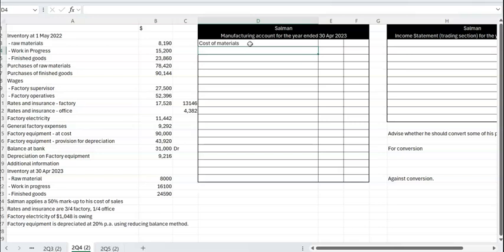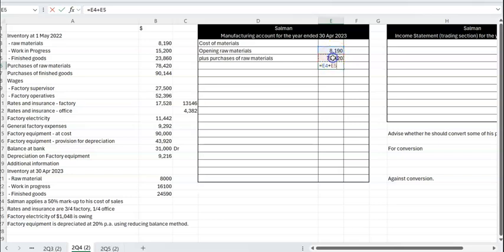So we've got raw or opening plus purchases. Check there's no cartage in. So our opening raw materials and our purchases raw materials, and we add those two figures together.